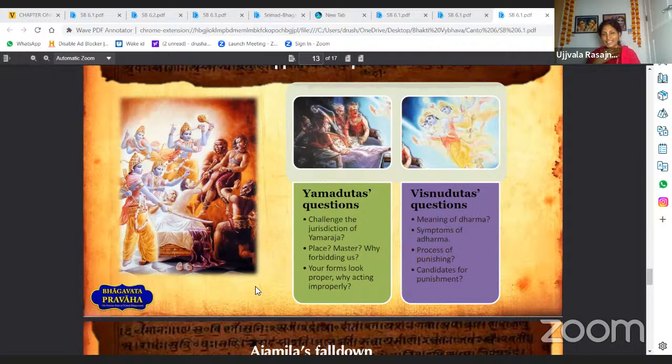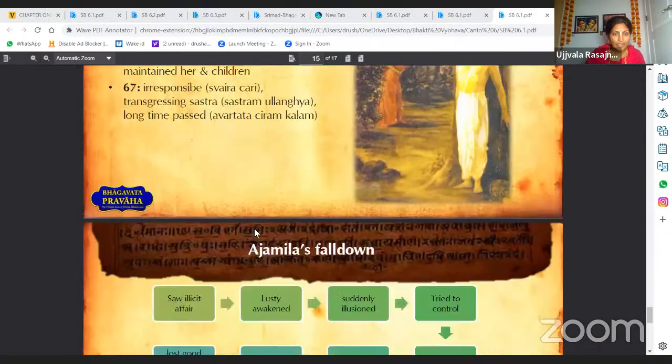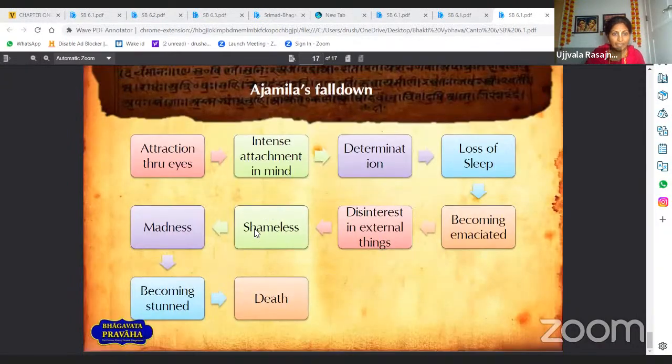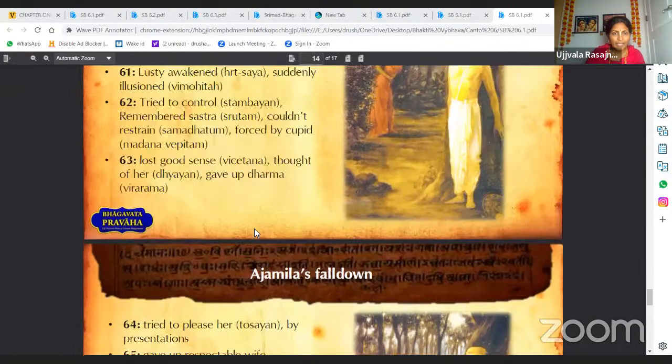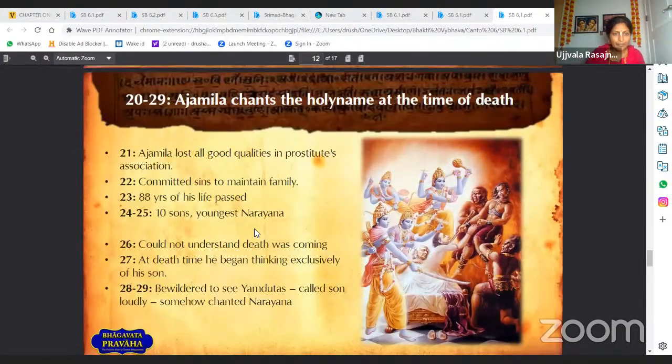What happened? How come four Vishnudutas came to this sinful Ajamila? He's really sinful, right? For whatever he has done. What did he do? Here is a list of what he has done. He has abandoned his family and many things.